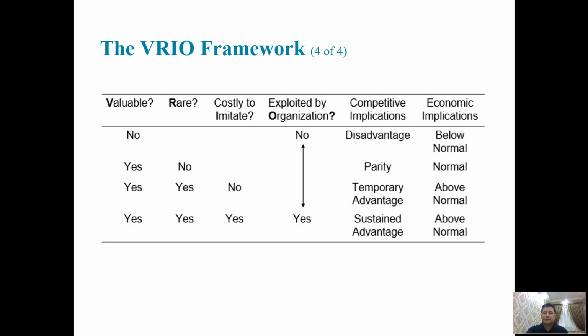So that's the last: valuable, rare, costly to imitate, exploited by organization, competitive implication, and economic implications. No, no, disadvantage, that's below normal. Yes, no, parity, normal. Yes, yes, no, temporary advantage, and the economic implication is above normal. If all of them are yes, that's a sustained advantage, which means above normal.